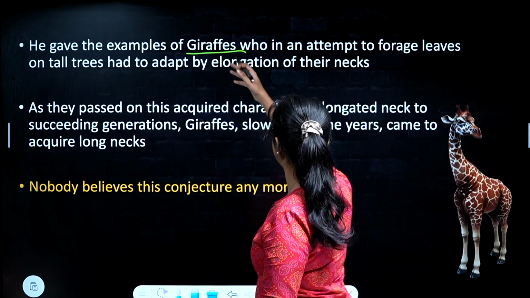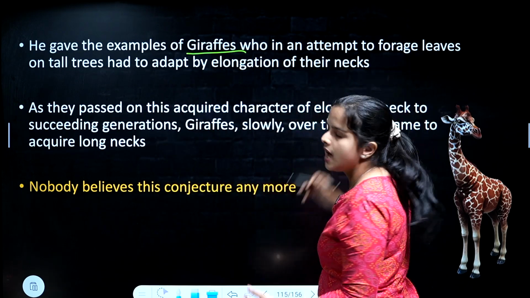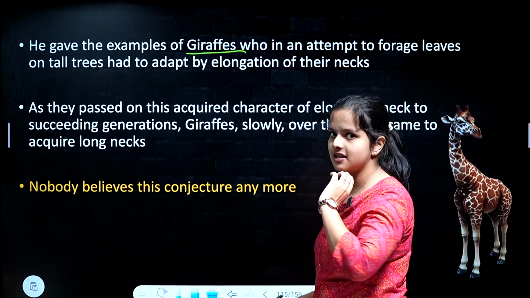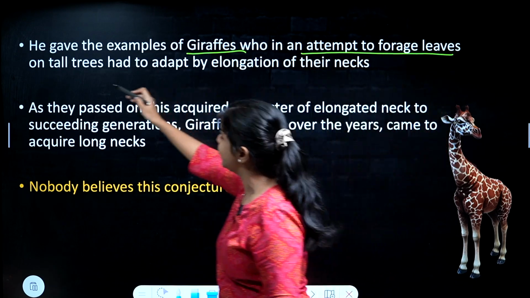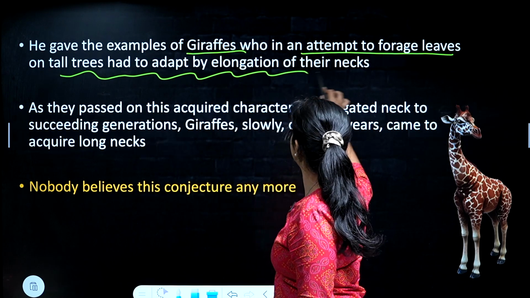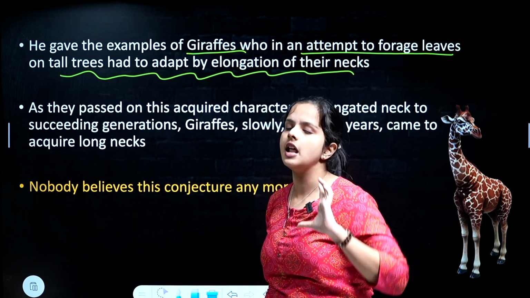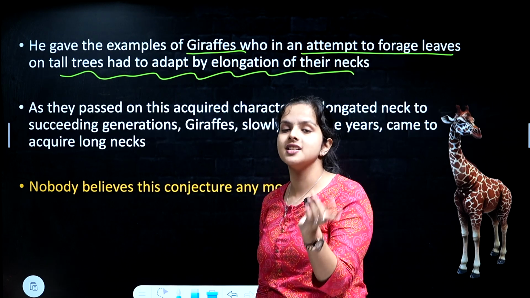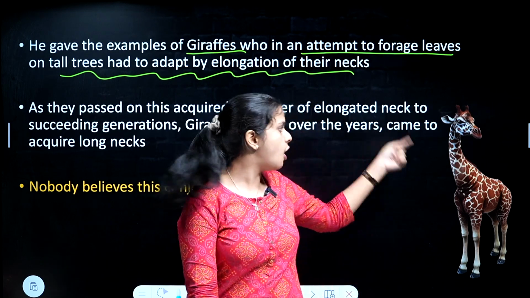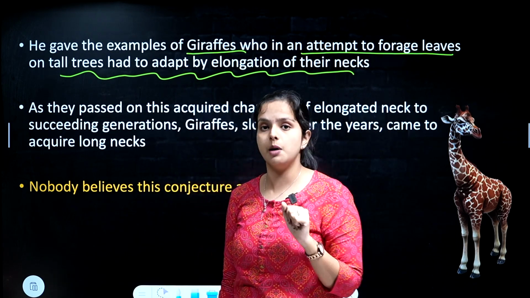In the attempt to take leaves from tall trees, they had to adapt, and for that they elongated their necks. This did not happen in one or two days. This took millions of years, but that is how the evolution of long-necked giraffes happened, according to Lamarck.